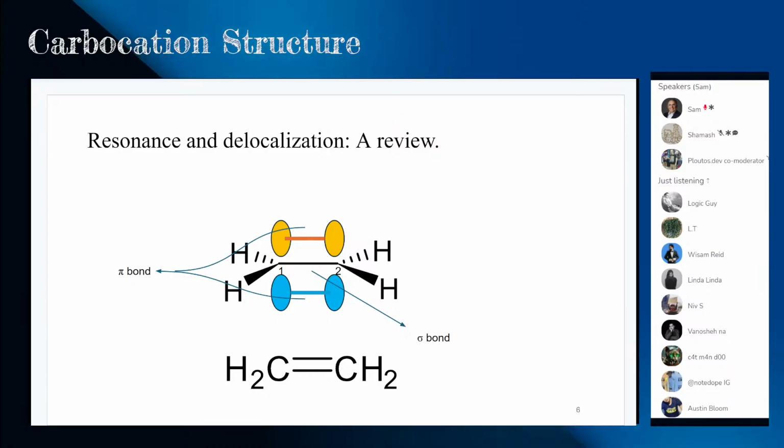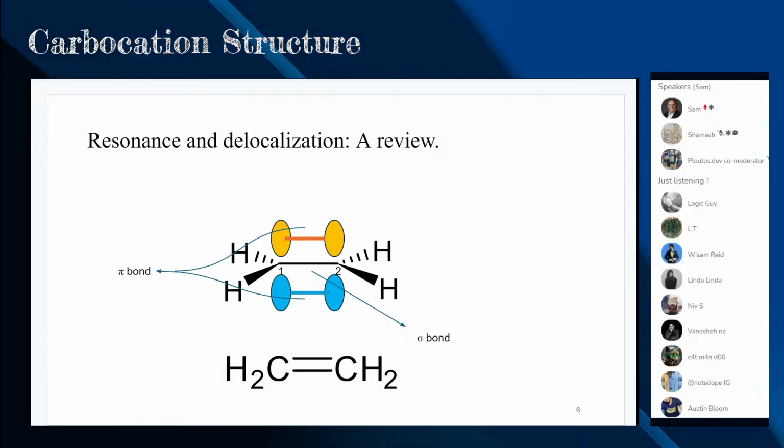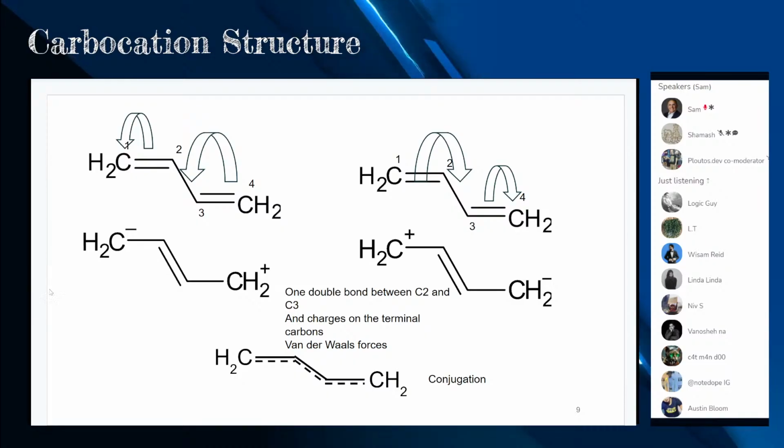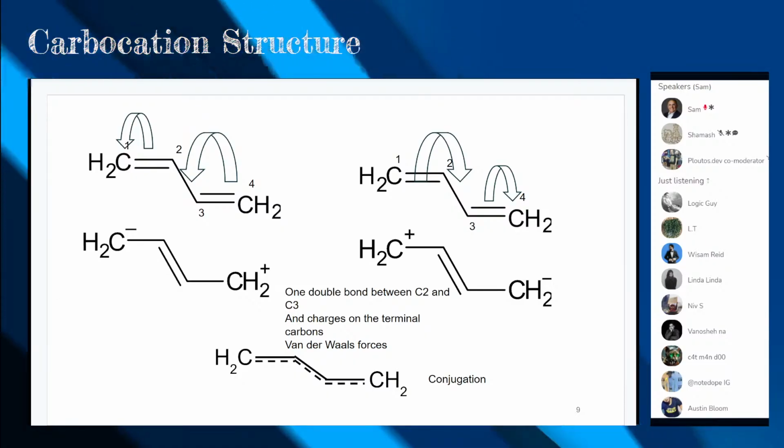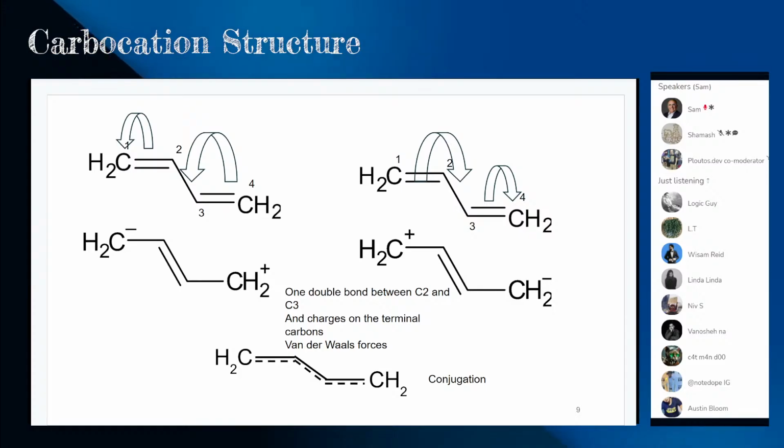And so if we go to slide 9, we see that we can draw 4 different structures with different double bonds and single bonds in between carbon atoms, different carbon atoms carrying the plus or the minus charge.